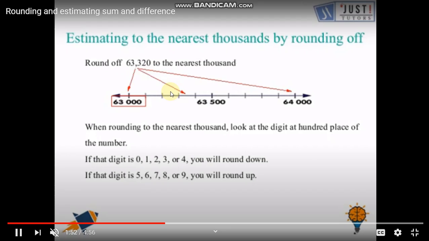So here, the last three digits, that means unit place, tens place and hundreds place, if greater than 500, we write the forward 1000.